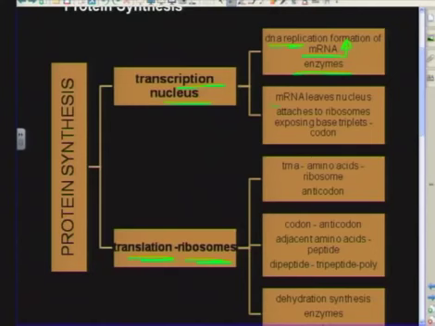This messenger RNA then leaves the nucleus and attaches to the ribosomes in such a way that the base triplets are exposed. They are showing. And the base triplets are known as the codon. They are providing the code. What has happened?